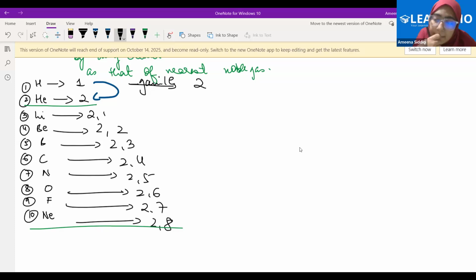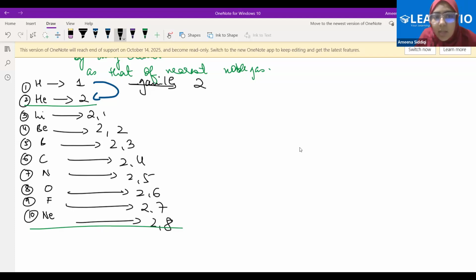To exist independently. Okay, to exist independently. Not really. Because when it is taking one electron, it is not really existing independently, but rather to attain stability. Helium is stable, right? To fulfill the last shell, the valence shell, that's it. It has now 2 electrons.